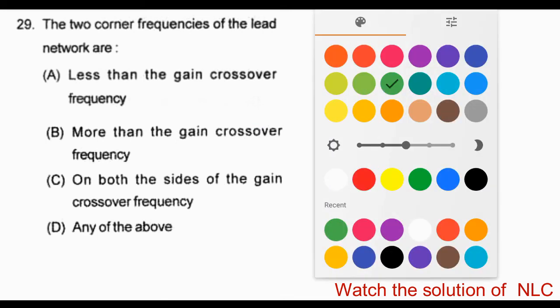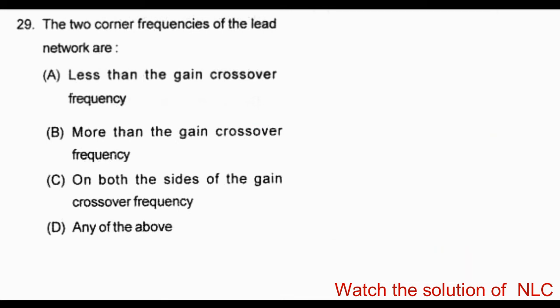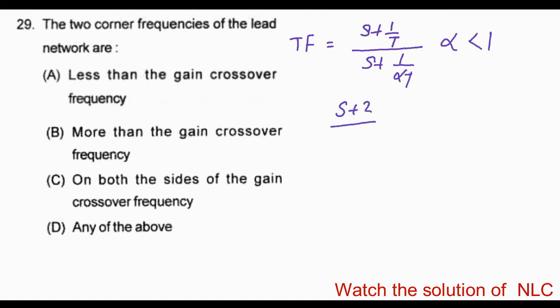if two corner frequencies, the corner frequencies of the lead networks are. So here we have to consider the lead network to be the phase lead compensator. In case of phase lead compensator, transfer function is given to be s plus 1 by t by s plus 1 by alpha t, and here alpha is always smaller than 1, and for example I am writing it to be s plus 2 by s plus 5.